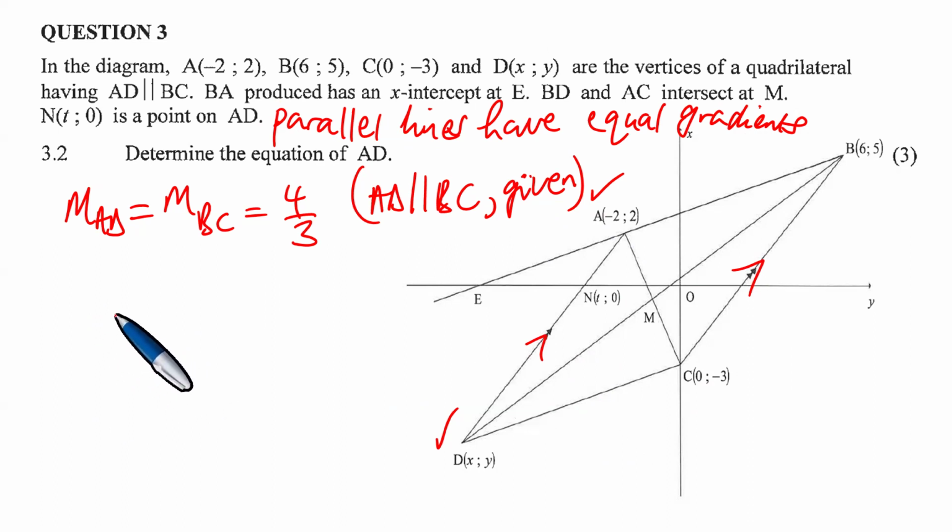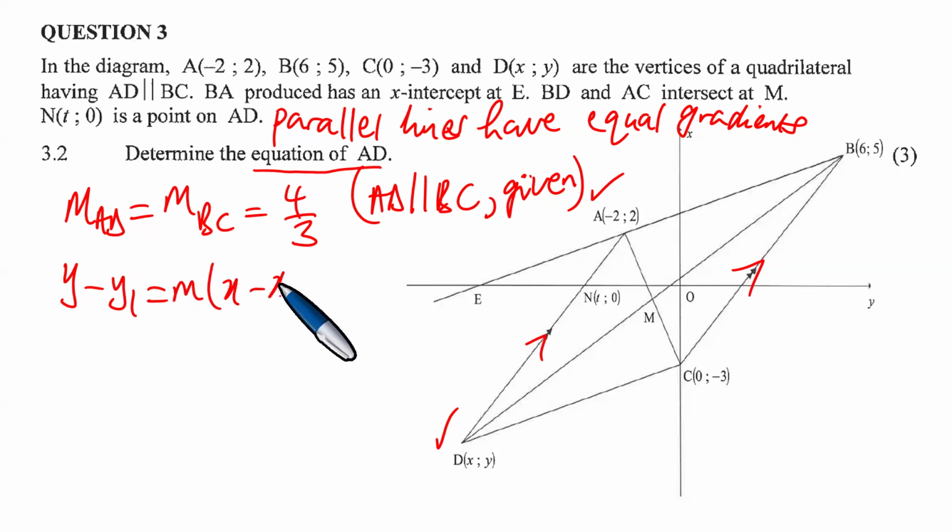Now we want to find the equation of AD. How do you find the equation of AD? We use the formula y minus y1 equals m into x minus x1.